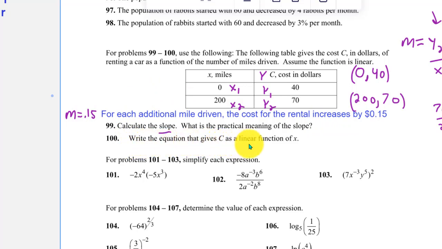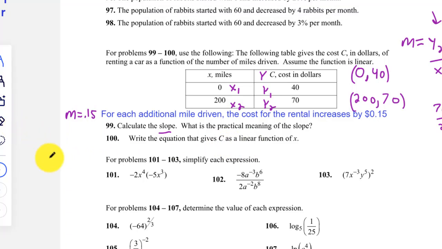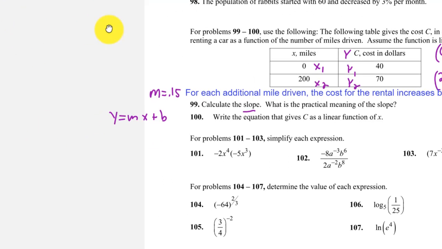Now it says write the equation that gives c as a linear function of x. So again, I'll use x and y for now, right? So we know y equals mx plus b. And we know what m is. M is the 15 cents, right? So I can actually write y equals 0.15x plus b.